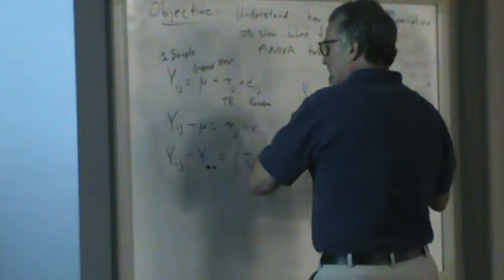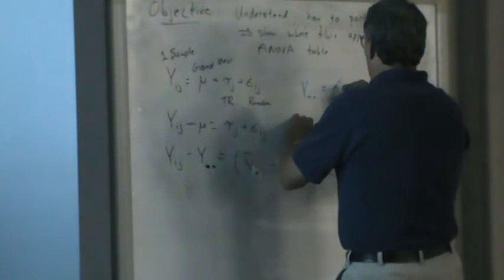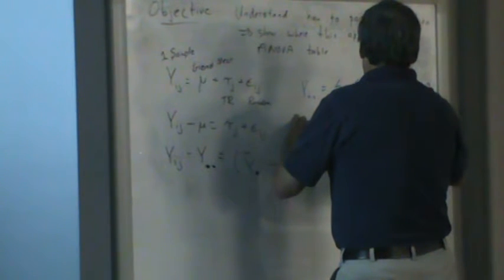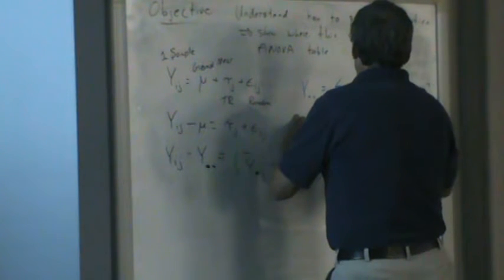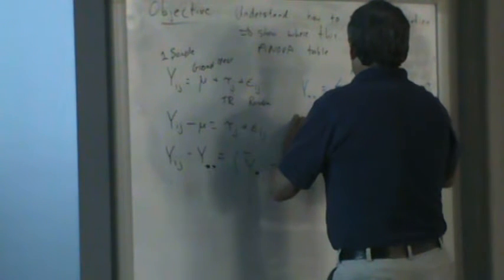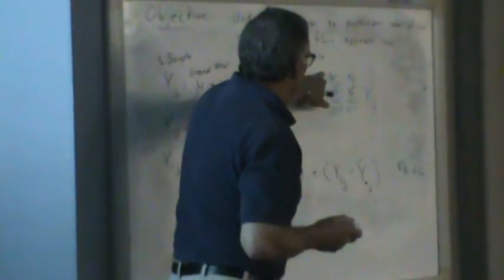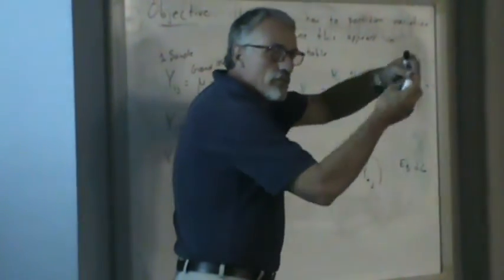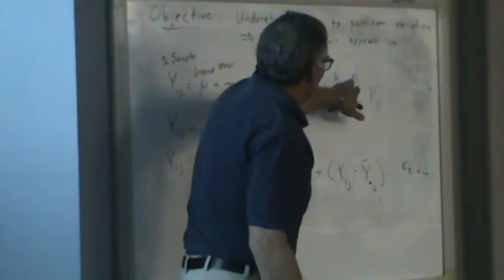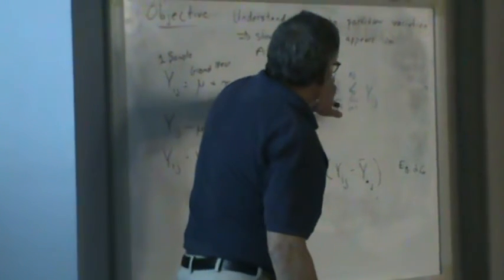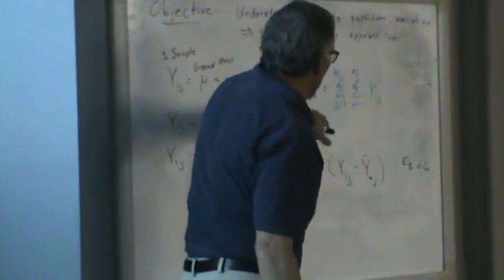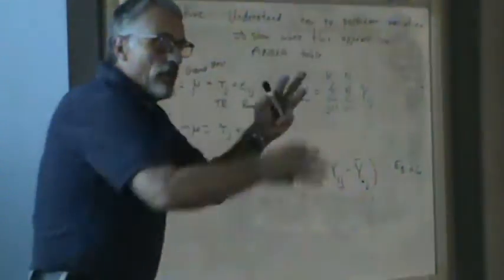This Y double dot means that I did a double sum over j from 1 to K. K was the number of treatments, and n_j was the number of samples under each treatment, 5, 3, 5, 4, those things. There were 5 treatments on the insulation. So I just added up all the data points.